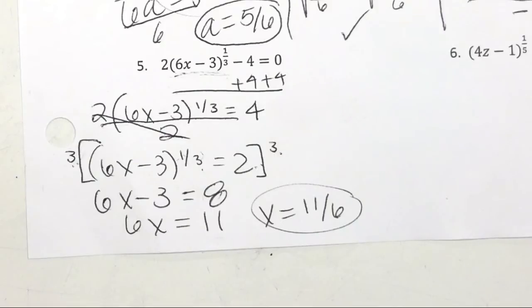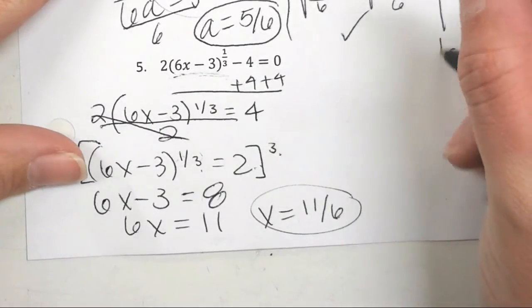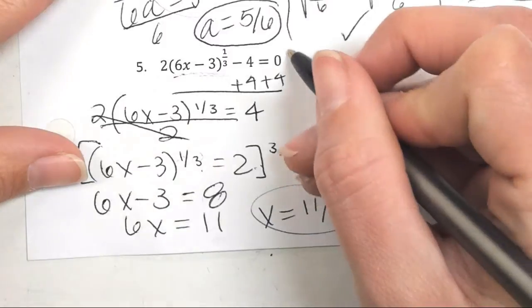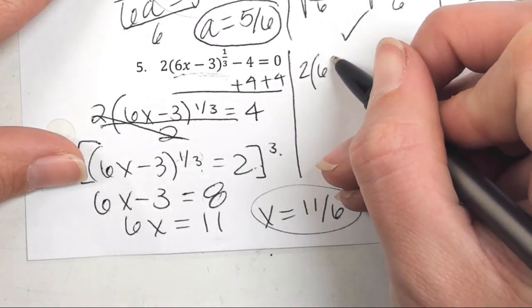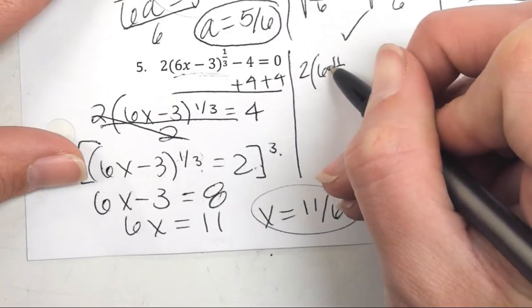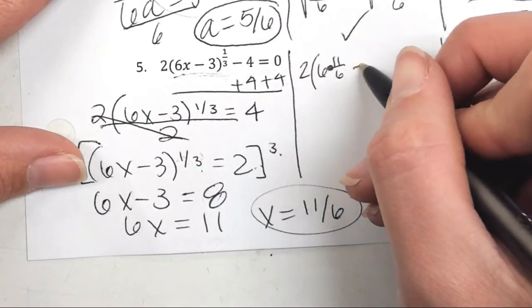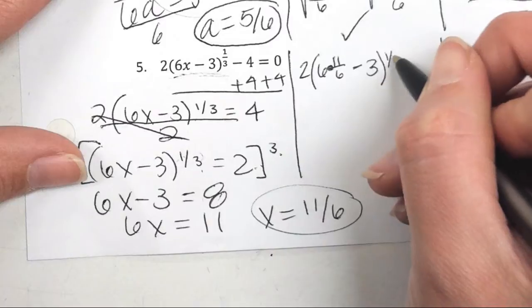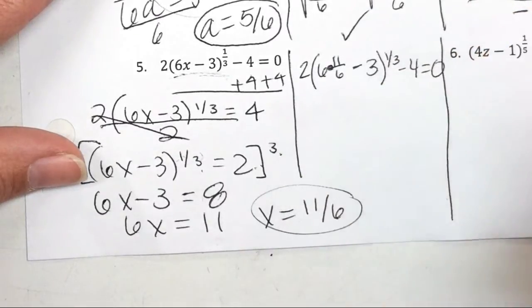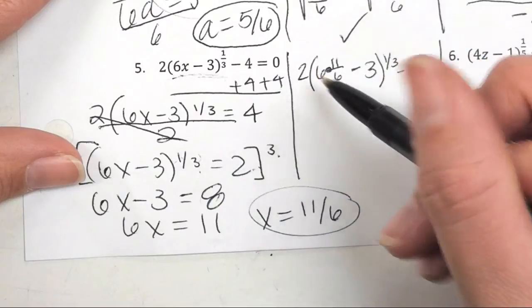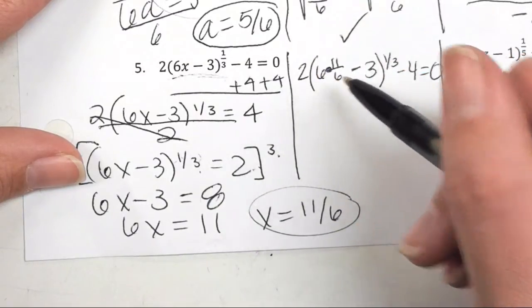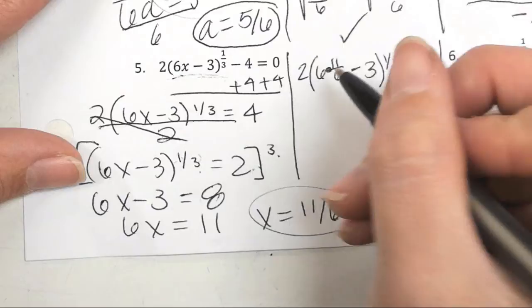And now we plug it back in to see if it works. So we'll have, I'm going to do check work over here, 2 times 6 times 11 over 6 minus 3 to the 1/3 minus 4 equals 0. So 6 times 11 over 6, the bottoms will cancel out. 6 divided by 6 is 1, so you're left with 11.